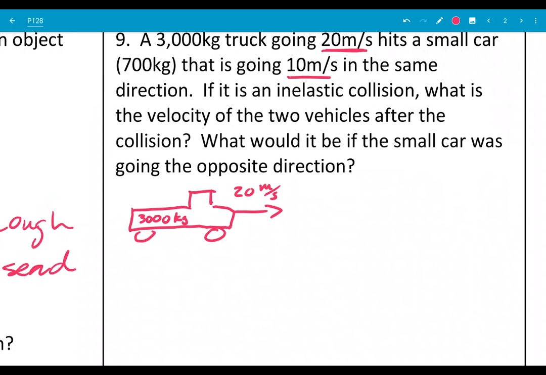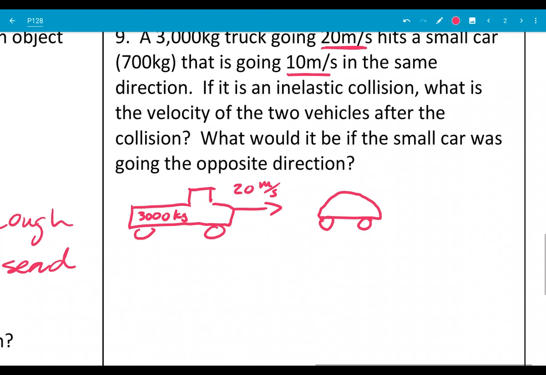It's going to crash into a smaller car that has a mass of 700 kilograms and is going 10 meters per second.